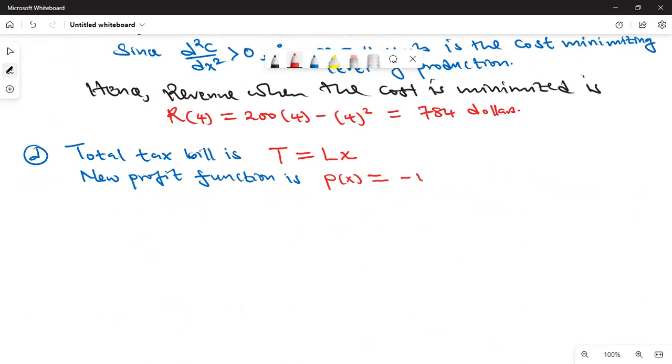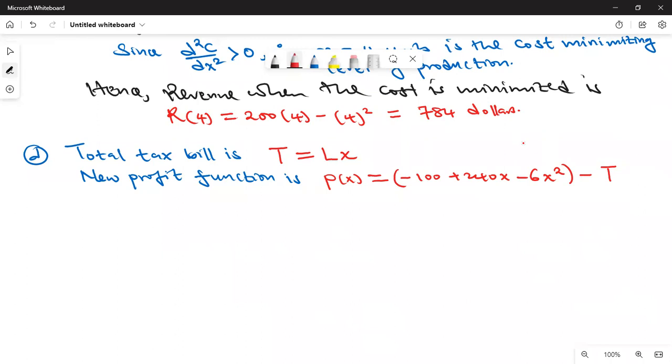Now, because we are paying tax, it is this minus the tax that we have paid, because the profit will now reduce since you have used some amount to pay the tax.